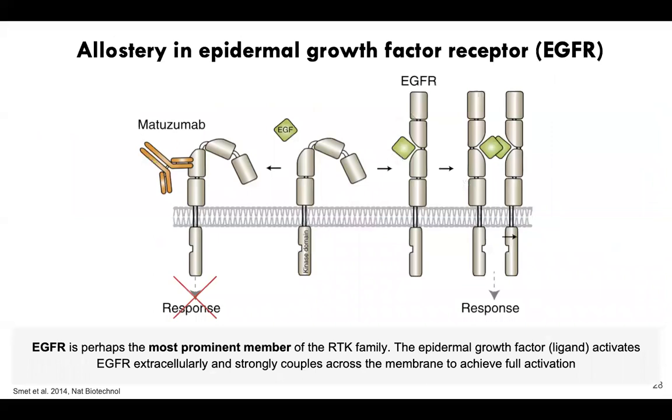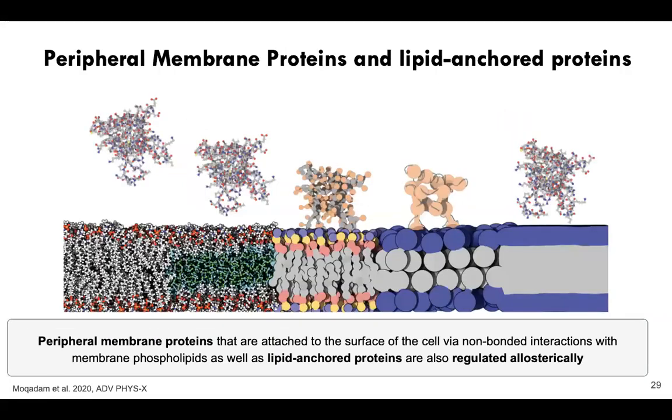And Francesco gave you extremely good examples, so I won't spend more time than saying that normally the epidermal growth factor, which is a hormone, binds onto EGFR and facilitates the dimerization of the protein, which triggers a response. And an antibody can bind to a site different than the active site, an allosteric site, and then it could stop the dimerization by freezing the protein in a certain conformation and stopping the biological response.